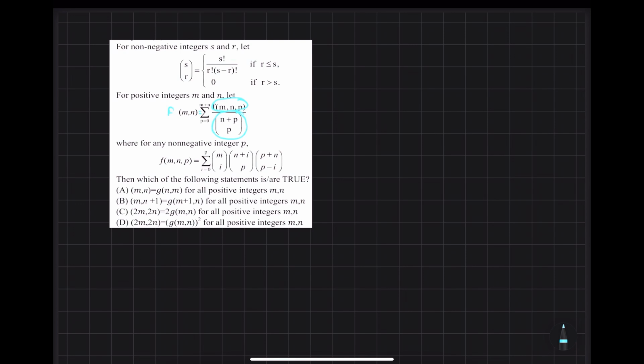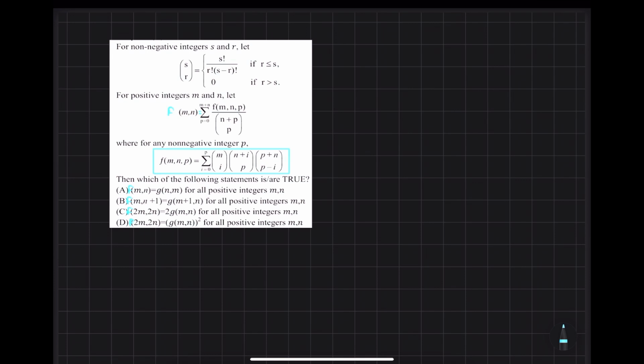Okay, and then f of m, n, p is this thing, and we have to comment on f of this and this. Correct? Now look at this. What I feel is that to comment on f, we have to know everything about f of m, n, p first. Correct? Then only we can proceed.